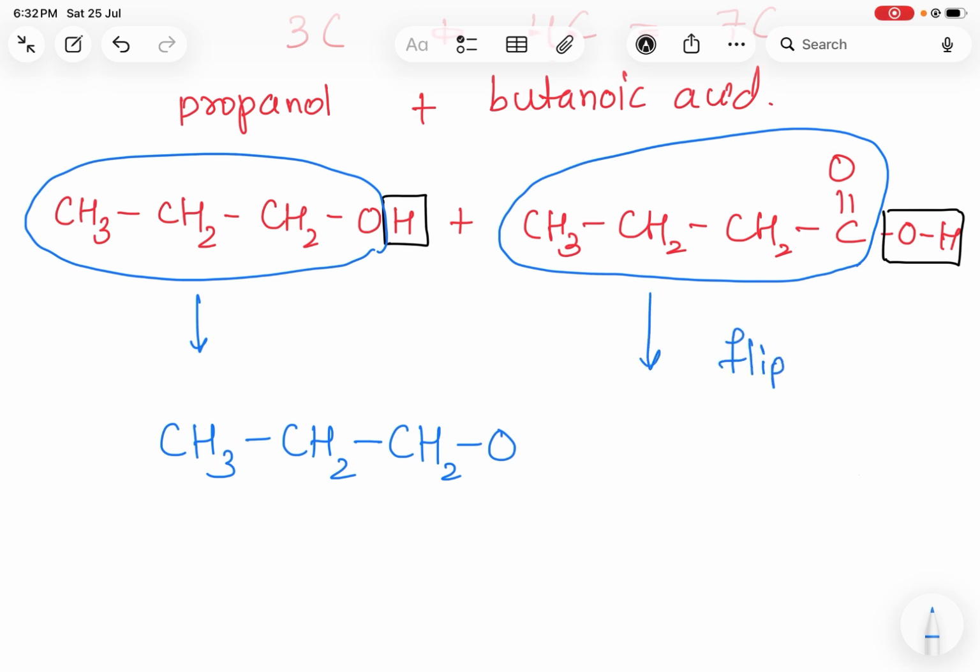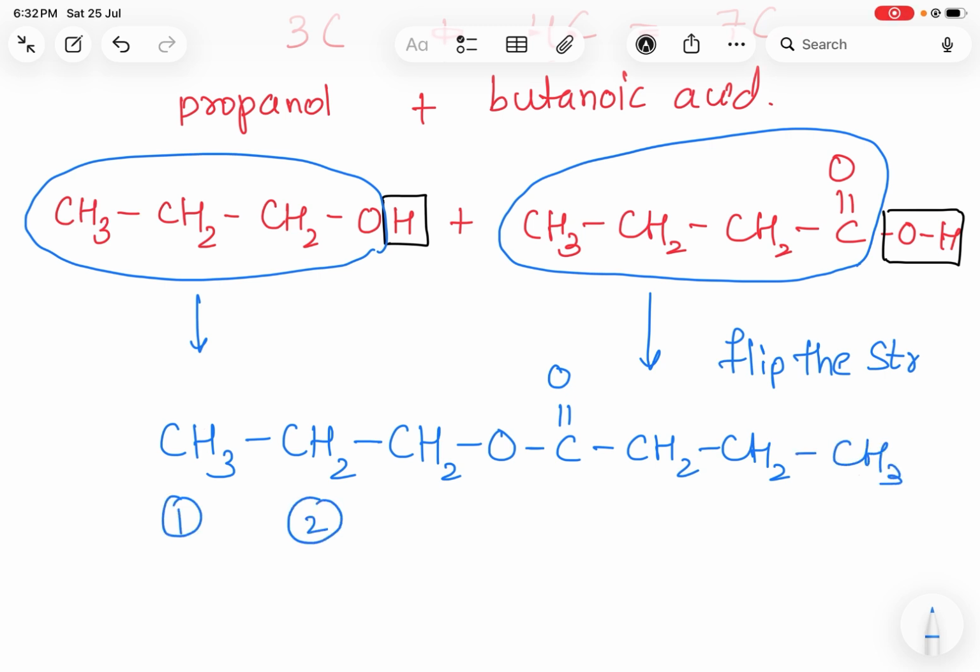Now here I will have to flip the structure. Okay, so here I will have to draw a bond and C double bond O, then comes CH2, CH2, CH3. So if I number this, it becomes 1, 2, 3, 4, 5, 6, 7 carbon atoms.